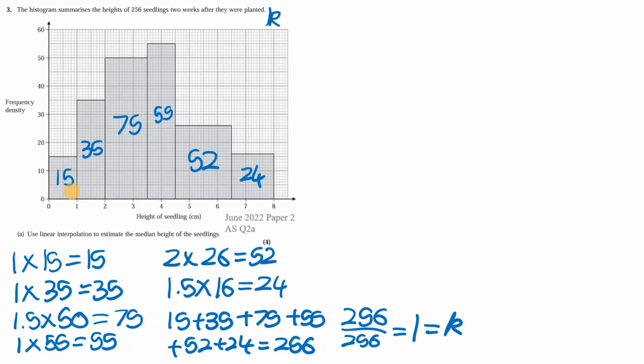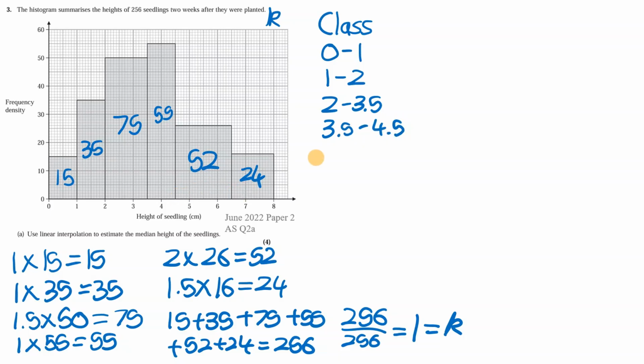So if we convert this into a grouped frequency table, firstly we're going to have the classes. This one goes from 0 to 1, this one goes from 1 to 2, this one goes from 2 to 3.5, this one goes from 3.5 to 4.5, this one goes from 4.5 to 6.5, and this one goes from 6.5 to 8.